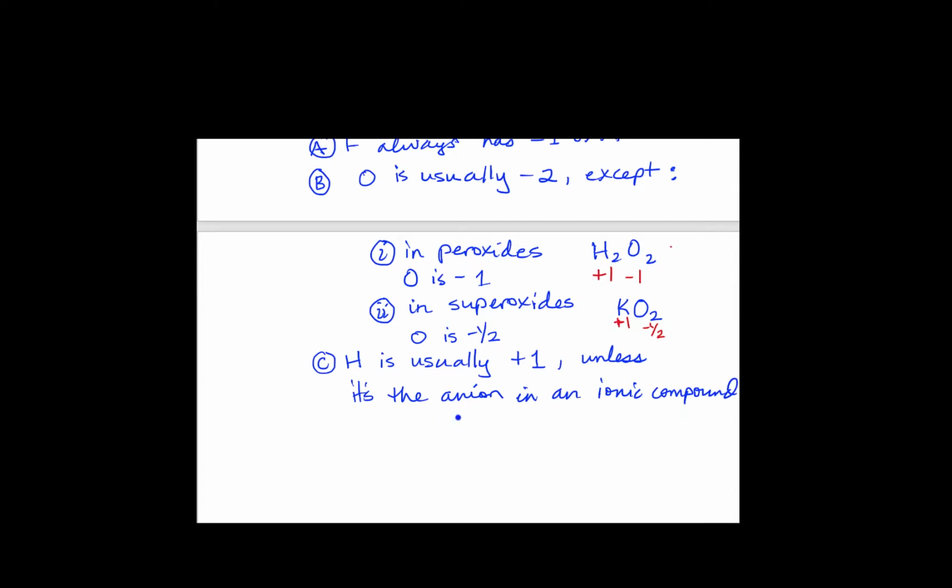So that might be something like CaH2, calcium hydride. So because calcium is +2 for its ion charge, the hydrogen is going to be -1. And that's our only other option.